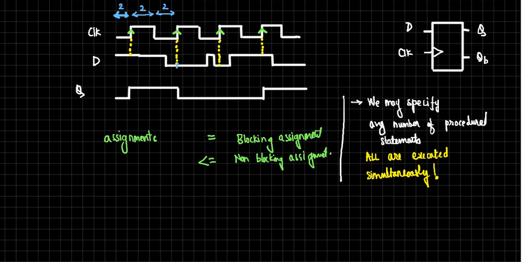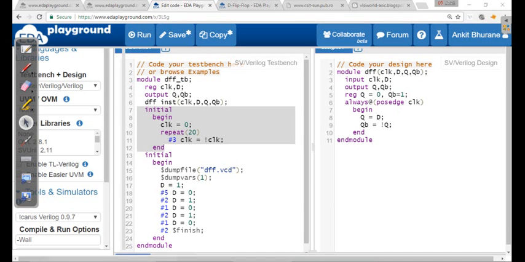Now you may appreciate why I have written two different initial statements. Why didn't I write it in a single initial declaration? I could have simply copied this and written all these statements inside this itself. Can you try it? See what happens. I am simply copying this.